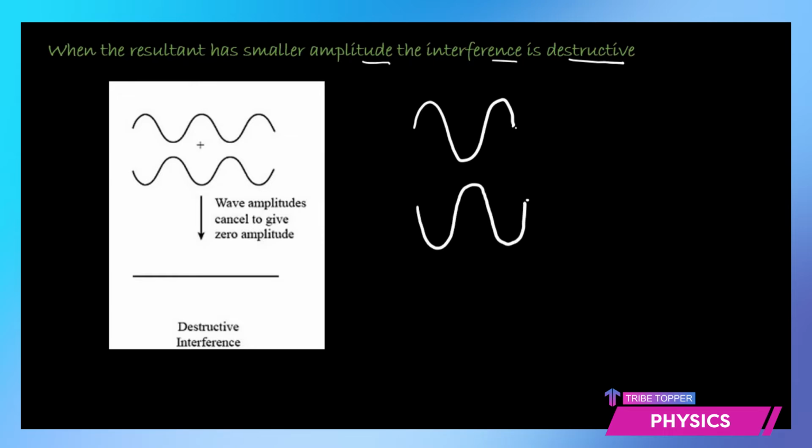At one point of time, when this is A1, the other one is negative A1. If they have equal amplitude, the resultant wave has an amplitude of A1 plus negative A1, which gives zero amplitude. So destructive interference gives us a wave whose amplitude is zero.